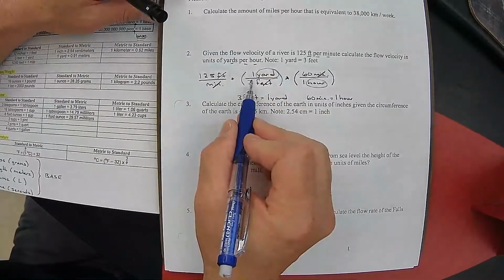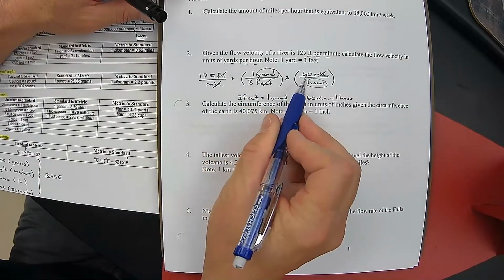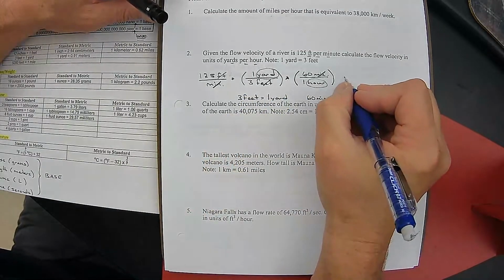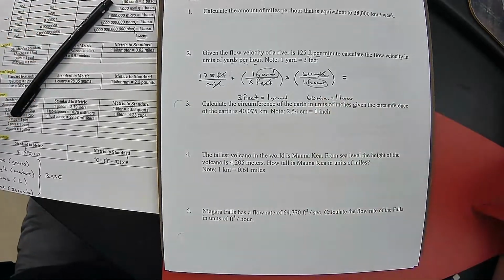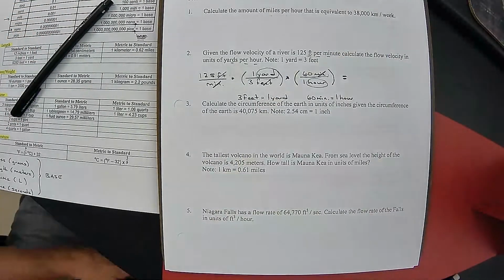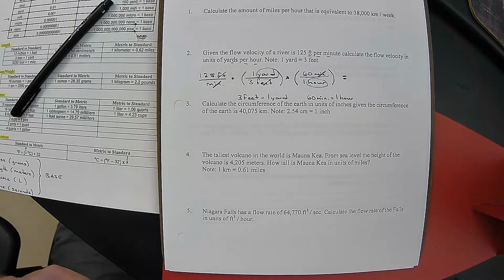Any numbers that show up on the bottom, I have to divide by them. Any numbers that show up on the top, I have to multiply by them. So when I do that with my calculator, 125 divided by 3 and then multiplied by 60, I end up with 2499 and then all nines.